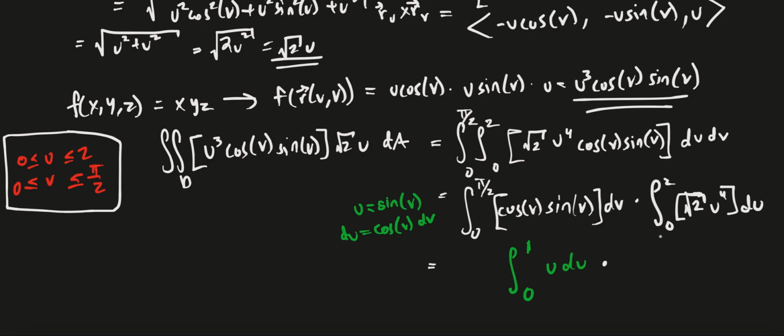Let me go ahead and just write it again, and we'll integrate it in the next step. It's funny because it looks like this is a u, and this is not the same u that we see here. It's different. I probably should have used a different variable, but it doesn't matter because we're just using this as a temporary variable. We're going to get the answer for this and the answer for this, and we're just going to multiply.